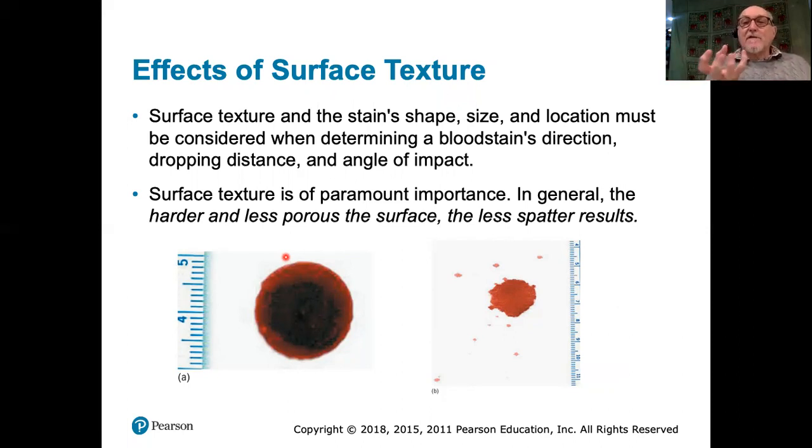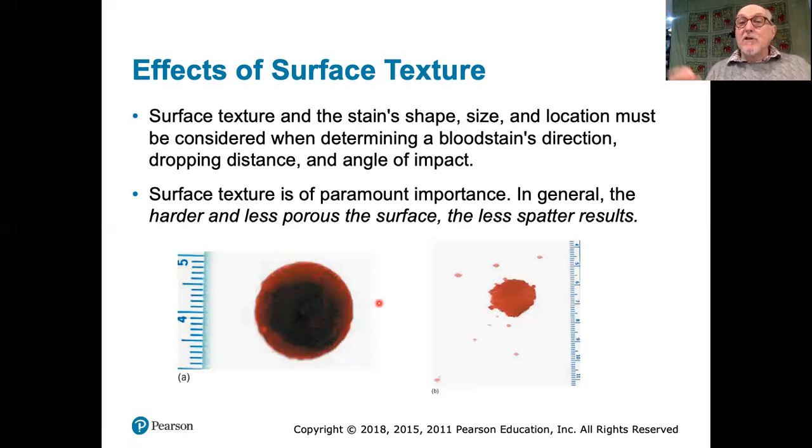If you've got a rough surface and you have a blood droplet flying in, you can picture that different parts of the surface will grab onto different parts of the blood droplet, and they effectively pull it apart. So when blood droplets fall onto porous or rough surfaces, they tend to disintegrate and get pulled apart, whereas on a smooth, non-porous surface they maintain their integrity. So there tends to be less spatter on a smooth, non-porous surface.